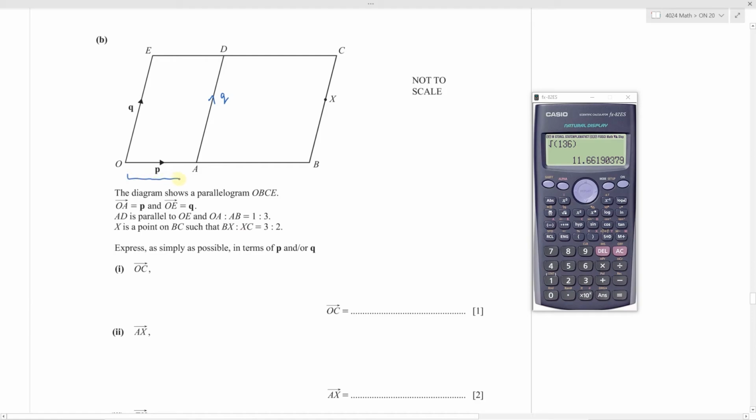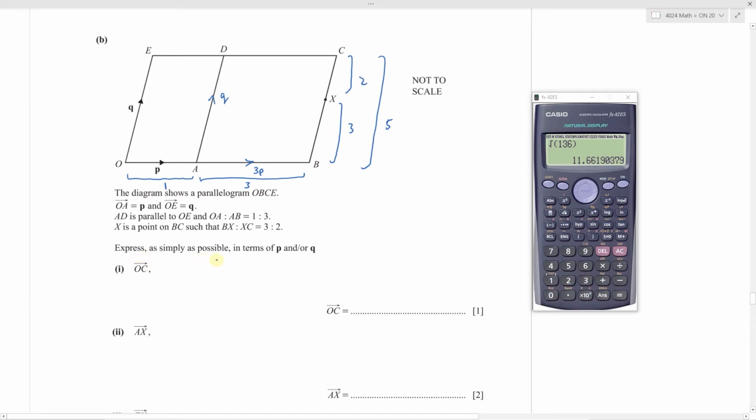If this is one part, AB is three parts. So if OA is P, that means AB is 3 times P. X is a point on BC such that BX to XC is 3:2. So BX is 3 parts and XC will be 2 parts, and the full length will be 5 parts.